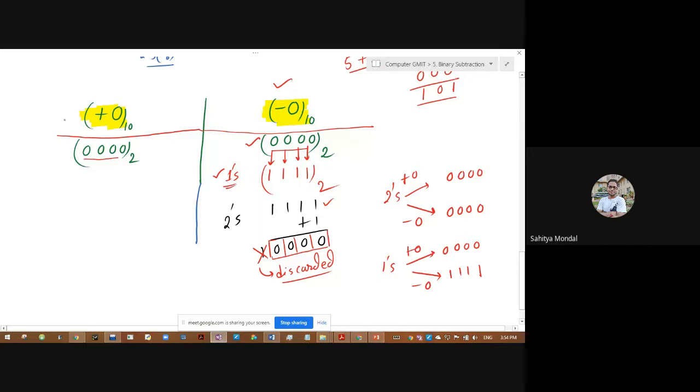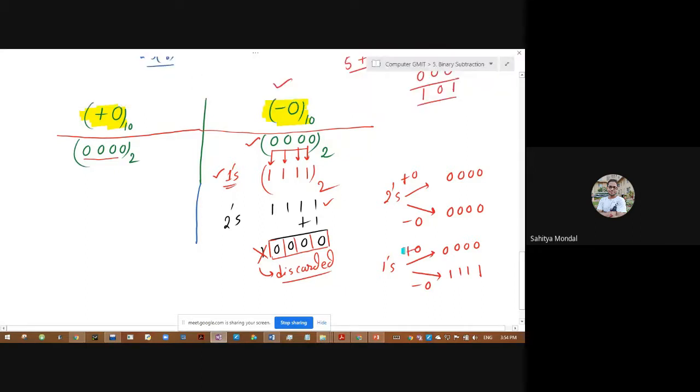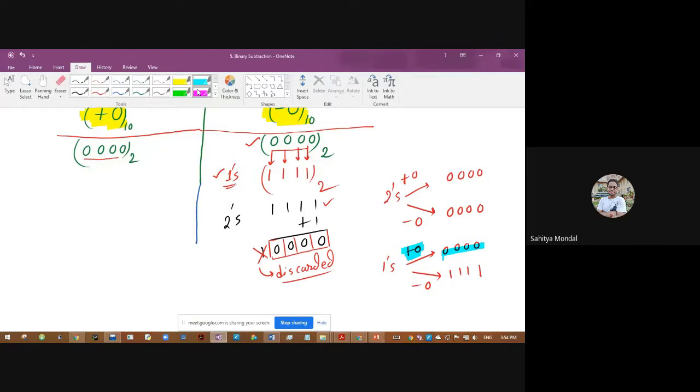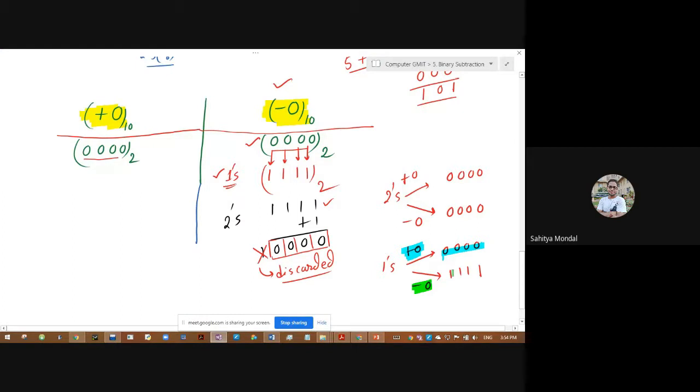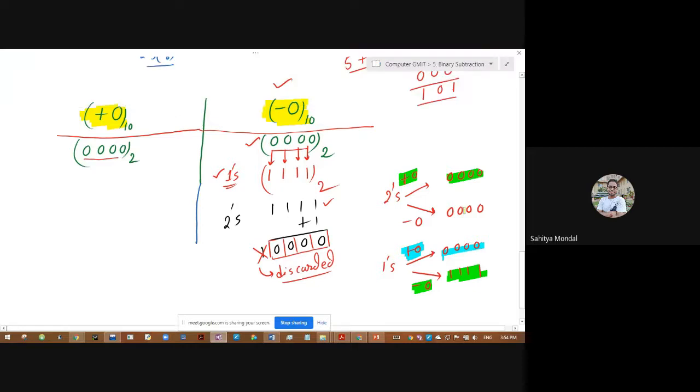So in one's complement, I used plus 0 as 4 zeros, and minus 0, after complementation, gives 4 ones. And in the case of two's complement, I start with plus 0 as 4 zeros, and after completing the two's complement we get 4 zeros as well. Now understood?